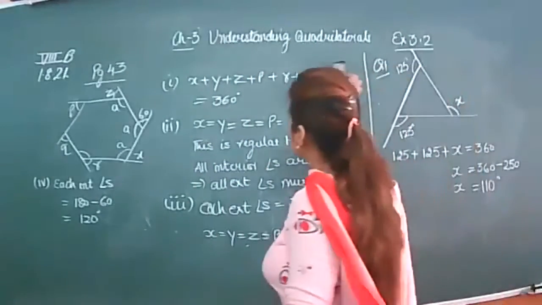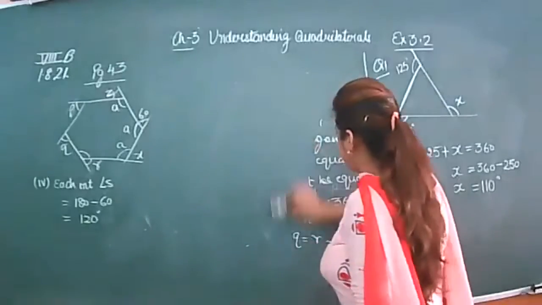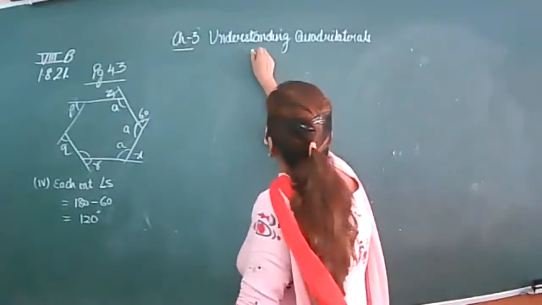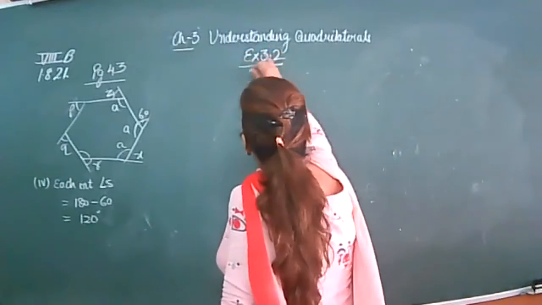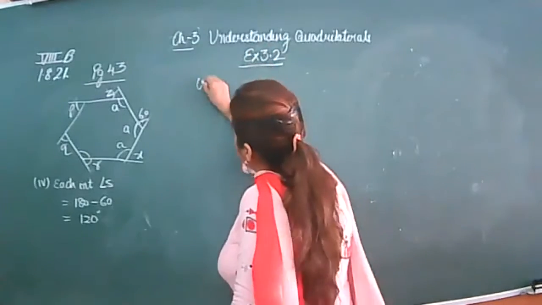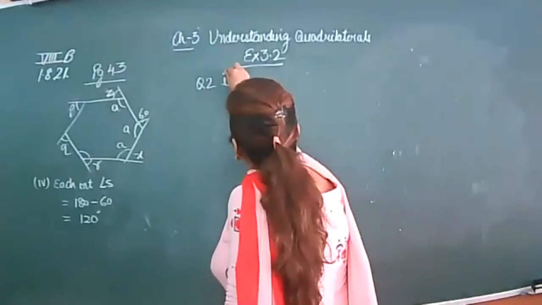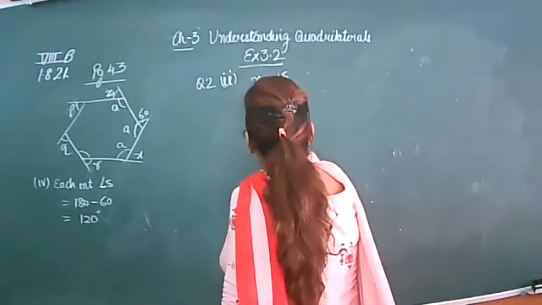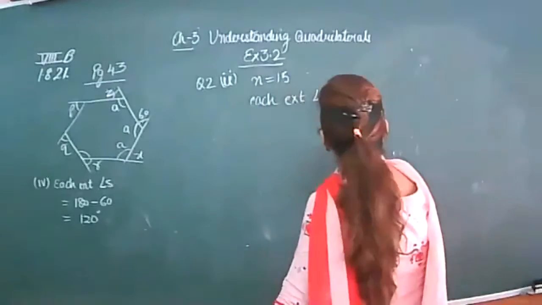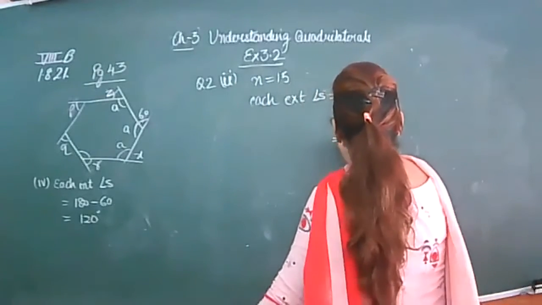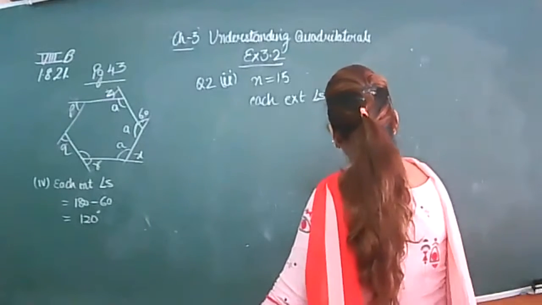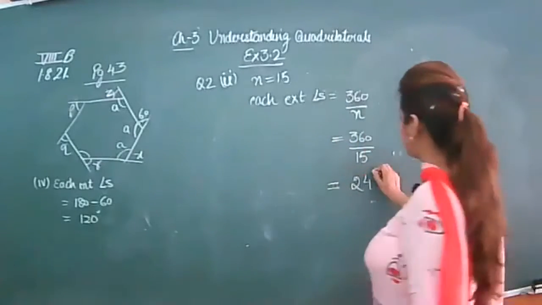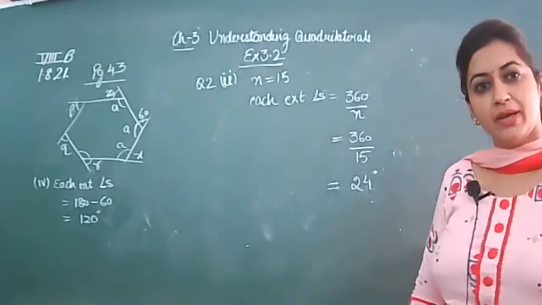Each exterior angle is 360 by n, 360 by 15. That is 24 degrees. Okay?